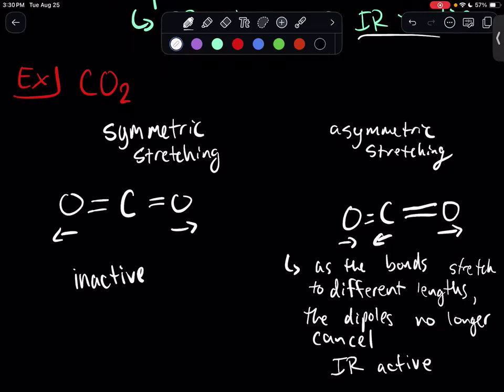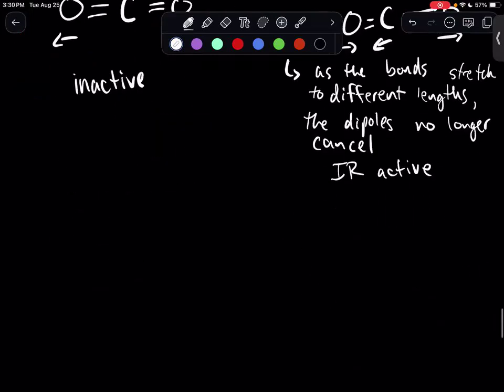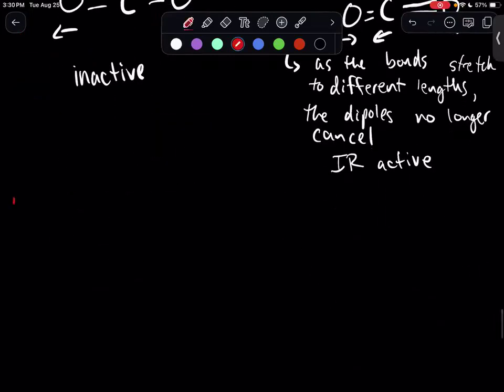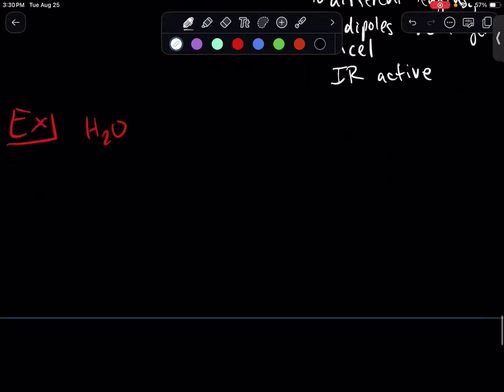greenhouse effect. Let's look at another molecule that people forget is actually a very potent greenhouse gas, and that's H2O. So what makes it such a potent greenhouse gas?